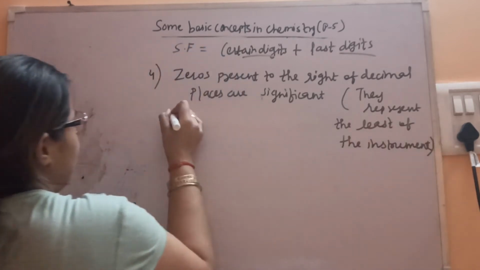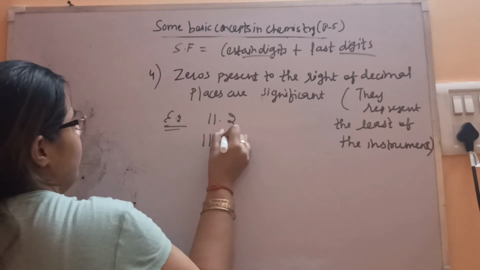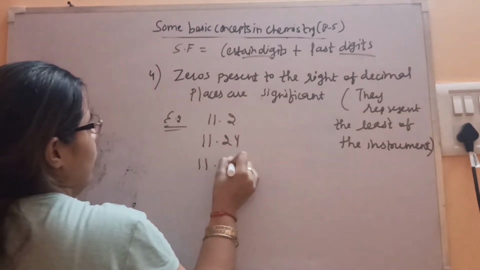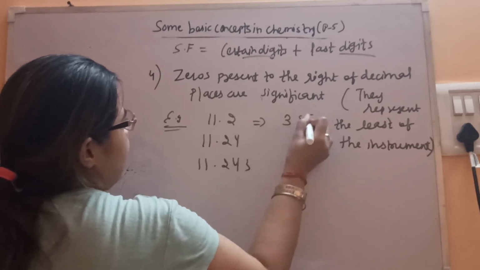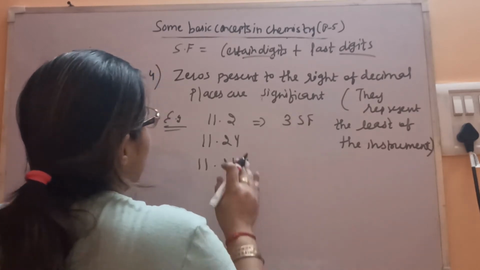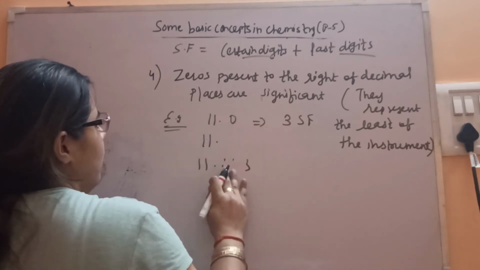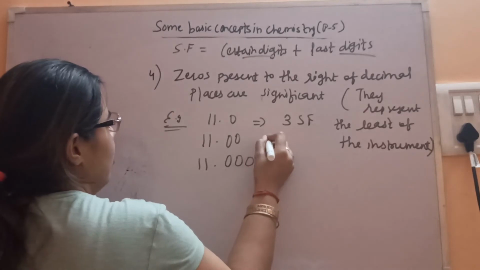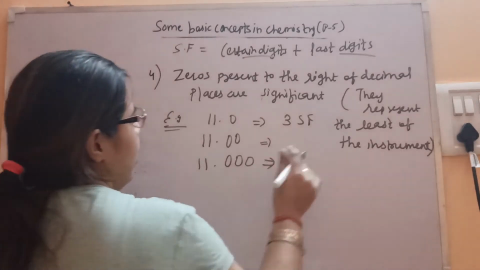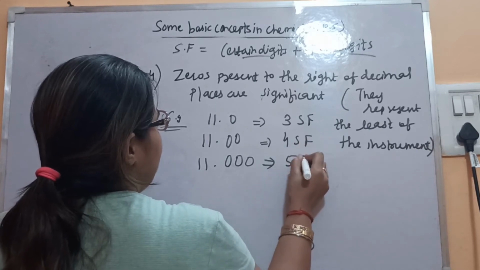For example, let's say 11.2, 11.24, 11.243. So here 3 significant figures. Let's say it is 0.0, 0.00. So here 4 significant figures, here 5 significant figures.